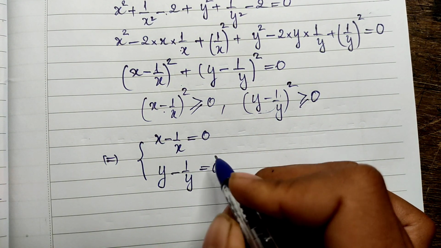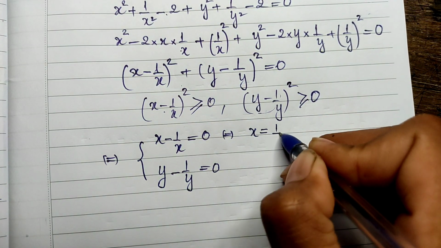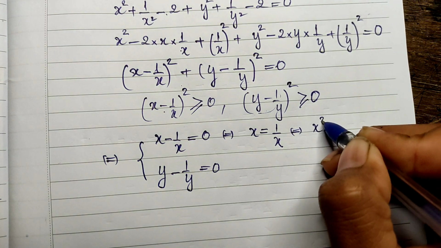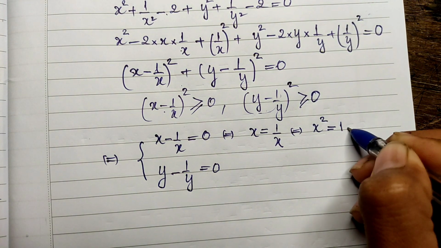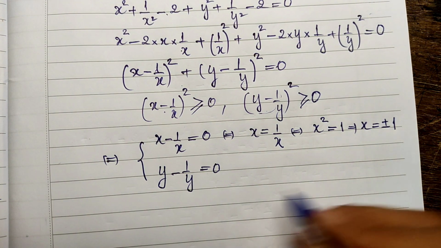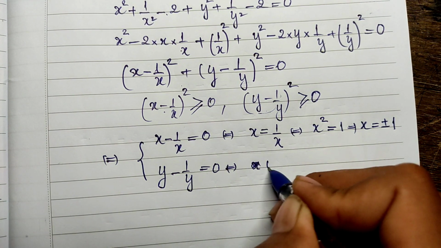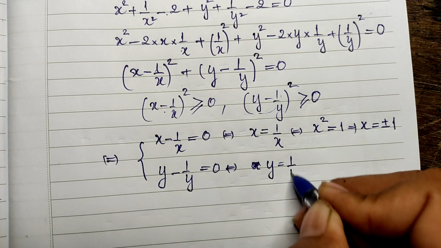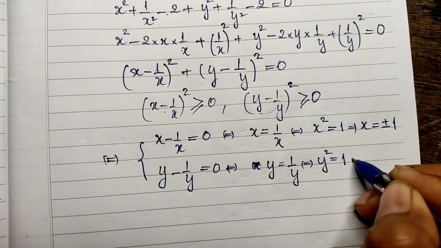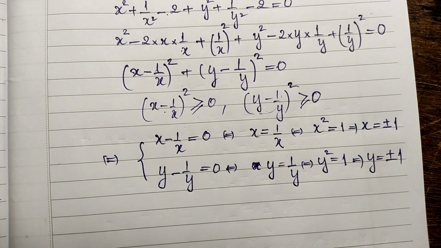And now we get x equals 1 divided by x, and we get x squared equals 1, and we get x equals plus or minus 1. And also y equals 1 divided by y, and we get y squared equals 1, and we get y equals plus or minus 1.